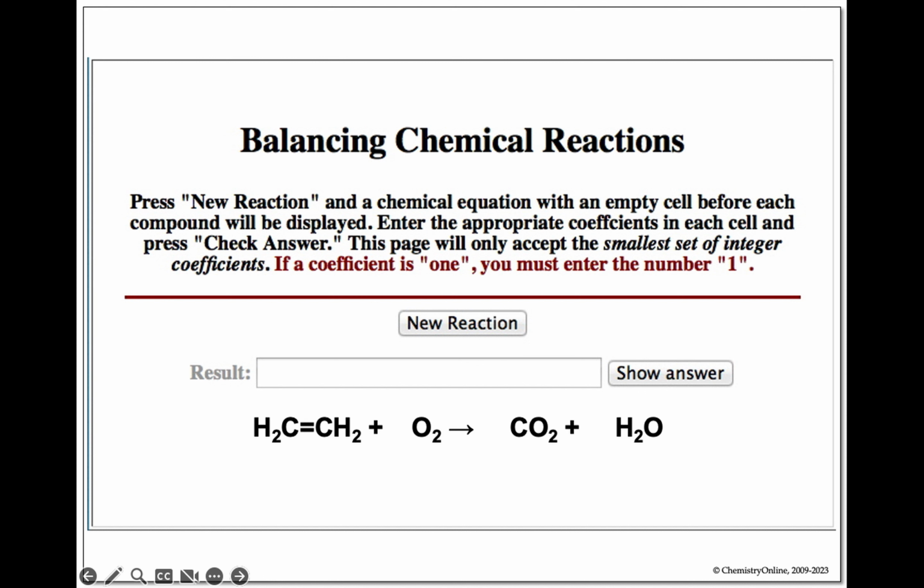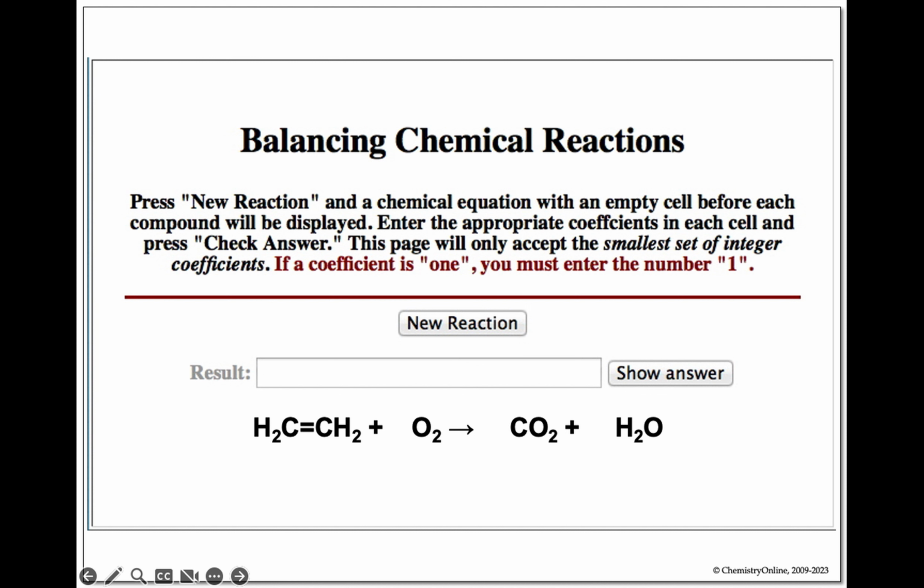On the website, each of these has a little field in front of it. You just type in a number. Blackboard is the same thing. The only thing, remember, Blackboard will not take an empty field. It's always wrong. So will this. So you have to put a 1 in if the coefficient is ever 1.